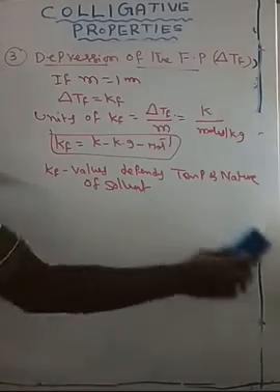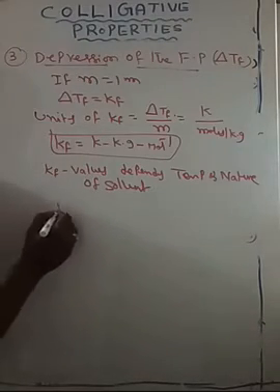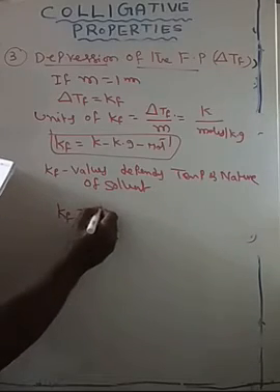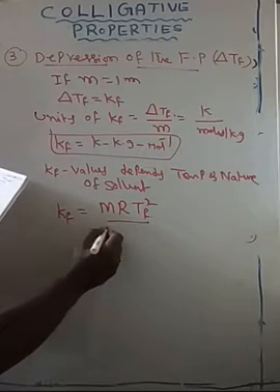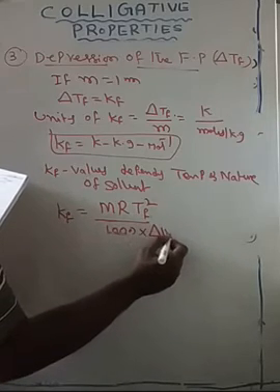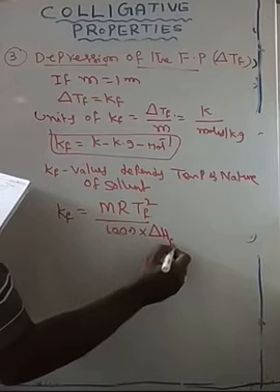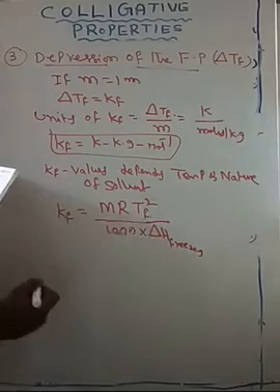Kf values can also be found by using the formula Kf is equal to M R T square f by 1000 into delta H of freezing.